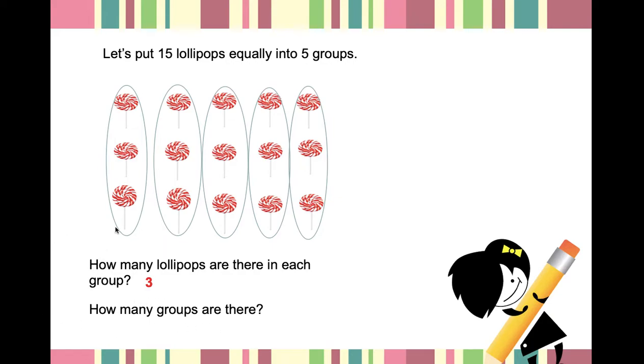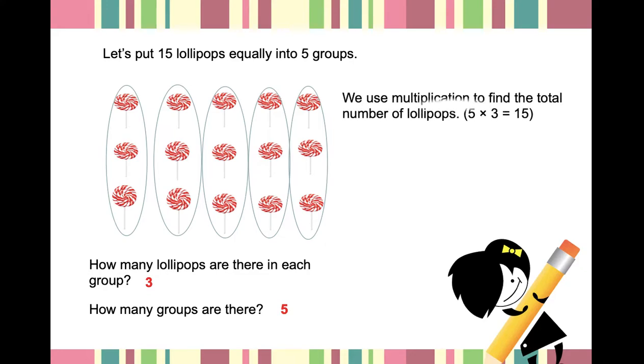Count: 1, 2, 3, 4, 5. I'm counting this whole as one group, with 3 lollipops. 1, 2, 3, 4, and 5. So, how many groups are there? Very good. There are 5 groups.